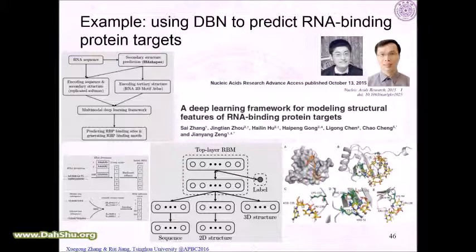They got the sequence of the RNA, the predicted 2D structure of the RNA and the predicted 3D structure of RNA, built this network and trained it with the RBM machine, added the label there and made the prediction. If you are interested, you can check out their paper.